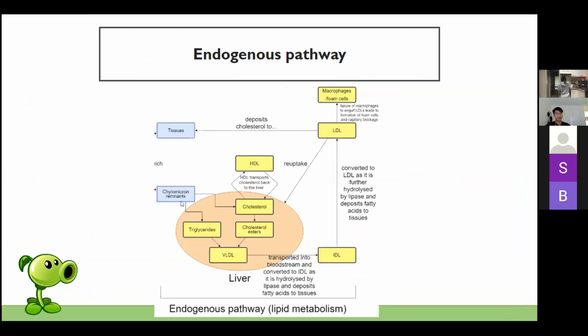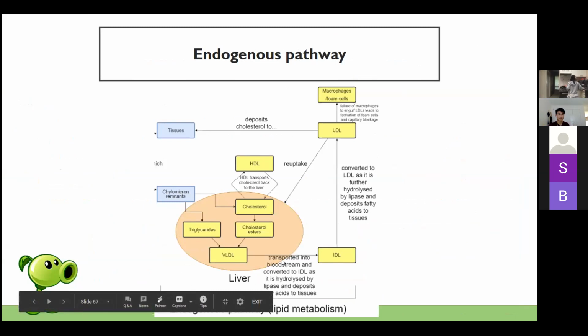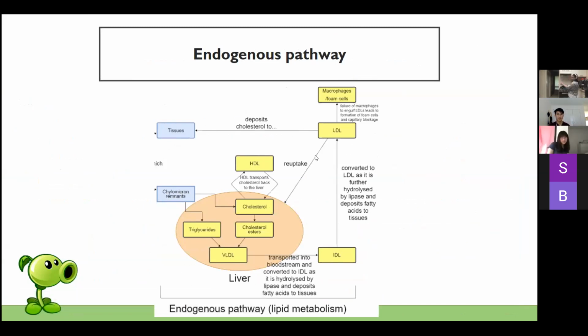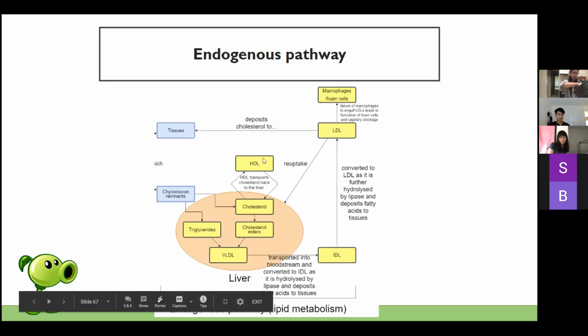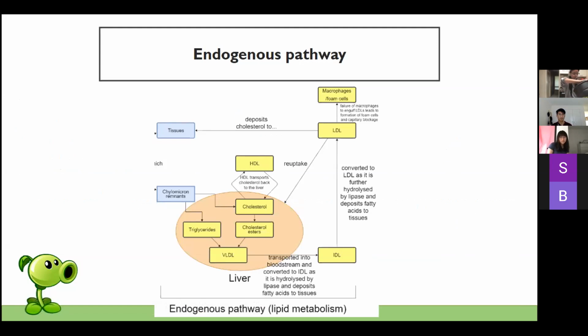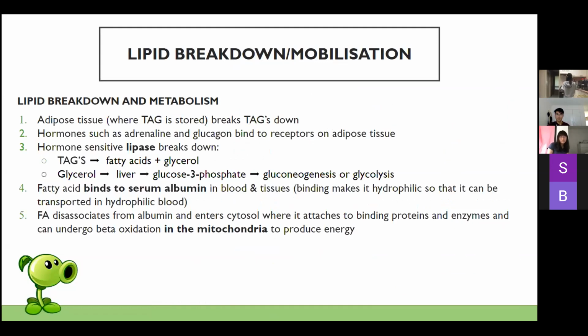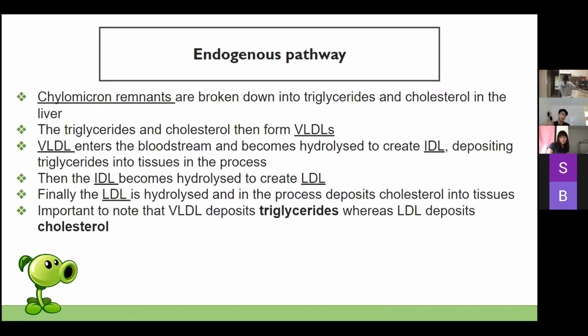So chylomicron remnants get repackaged into VLDL, IDL, LDL, and then LDL deposits in the tissues, and then after that it gets reuptaken. I have summary slides at the end that might help you to remember. It's basically a short summary of everything I've gone through today. I'd say this process is pretty important.